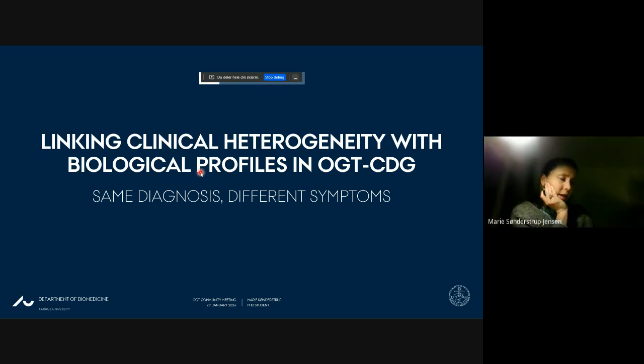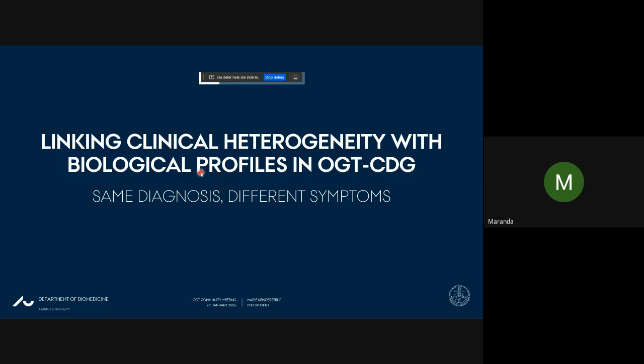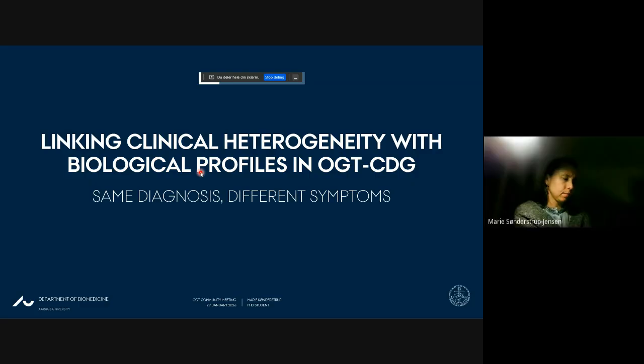Okay, I am not familiar with that, honestly. They were doctors that are not CDG doctors. So it might be something that was in the literature for different CDGs, and maybe it doesn't affect OGT.